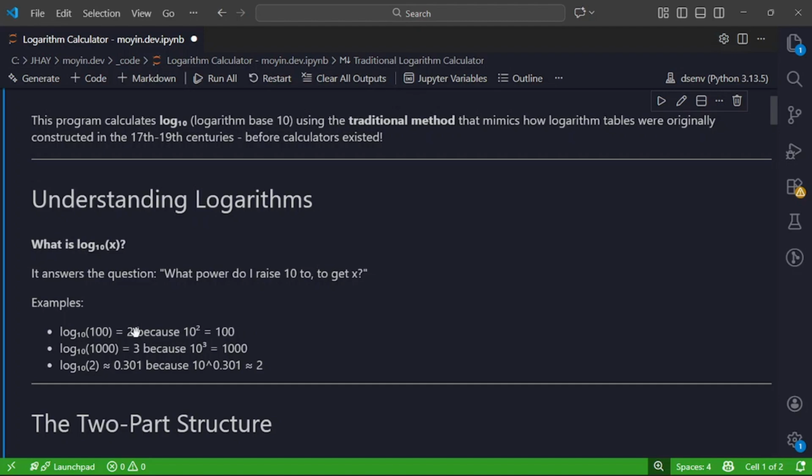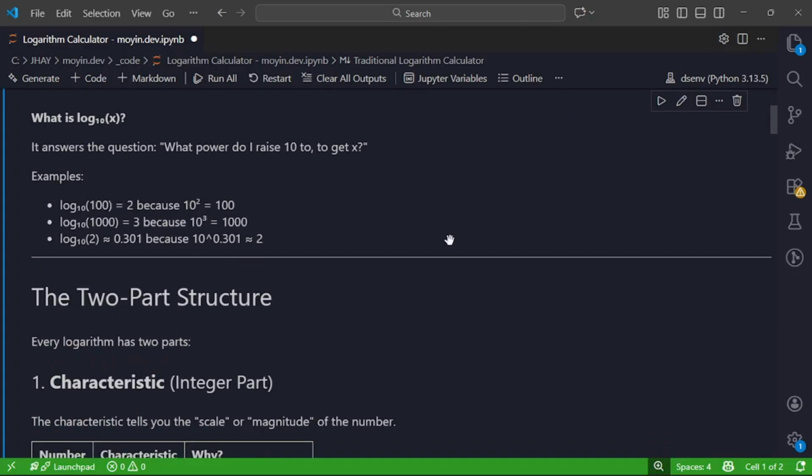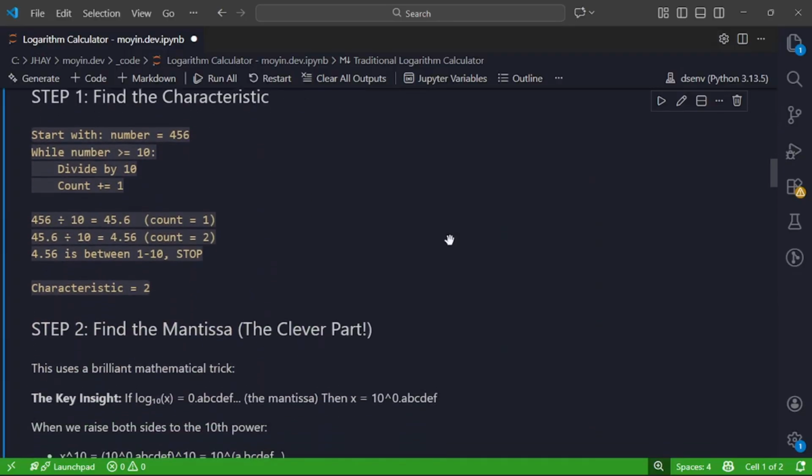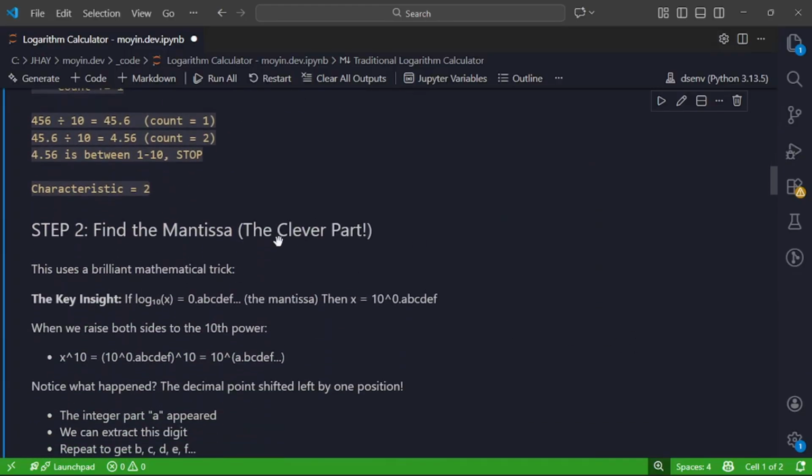So 10 raised to the power of 2.0000 is equal to our x. So simply put, 10 raised to the power of the characteristic and the mantissa is x.